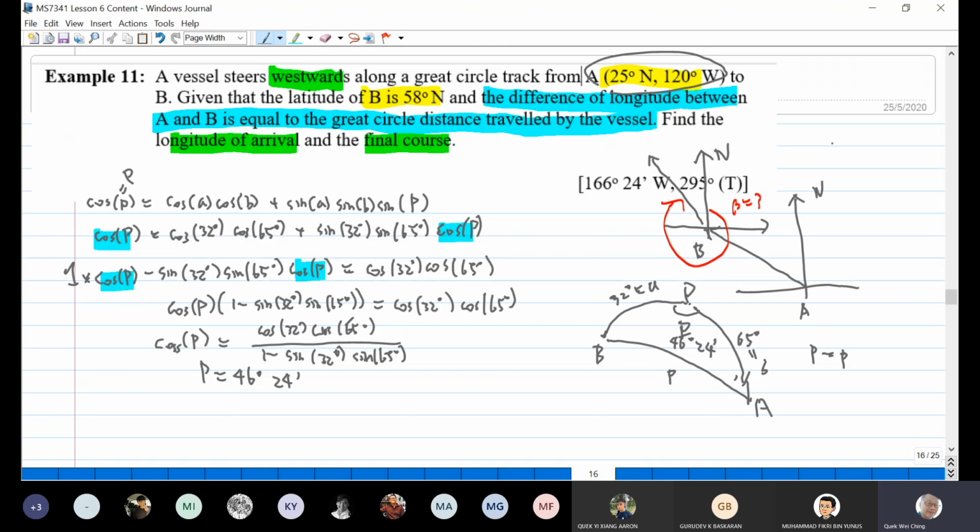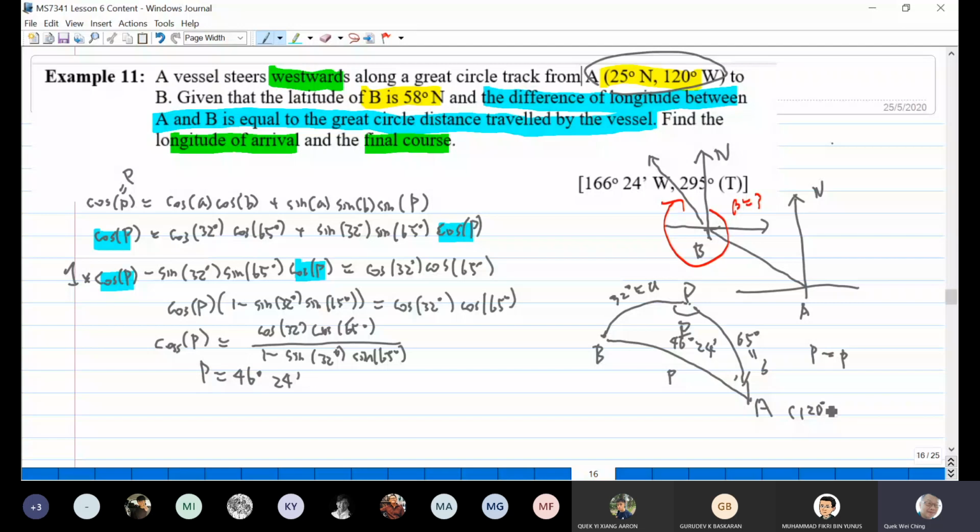So what does it mean? Where is the longitude of B now? Okay, longitude of B. A is at 120 degrees west. The ship is going toward the west, and continues to go toward the west. So where is this one now?